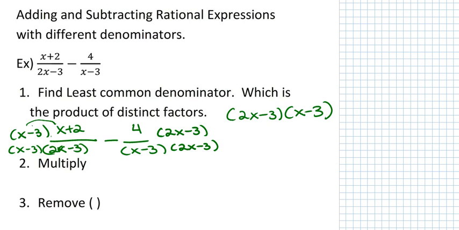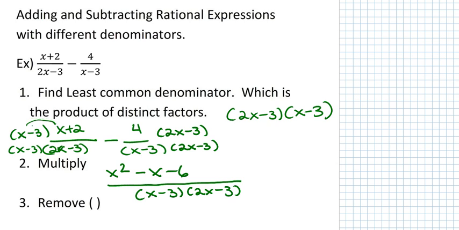So x minus 3 times x plus 2 would give you x squared minus x minus 6. And on the right-hand side here, you can distribute the negative sign with the 4. You'd get minus 8x and plus 12.